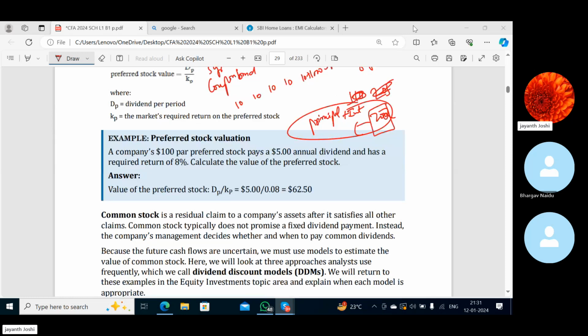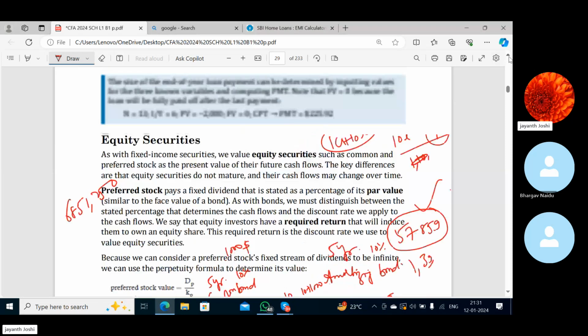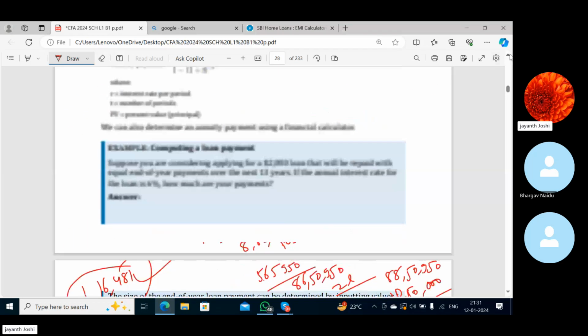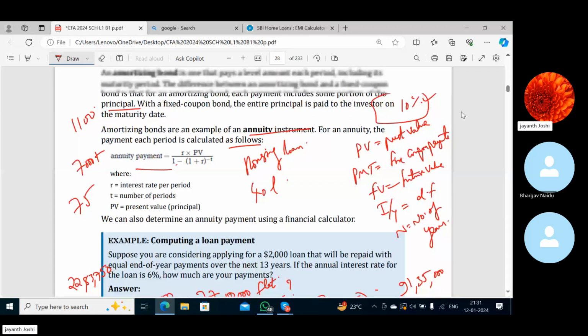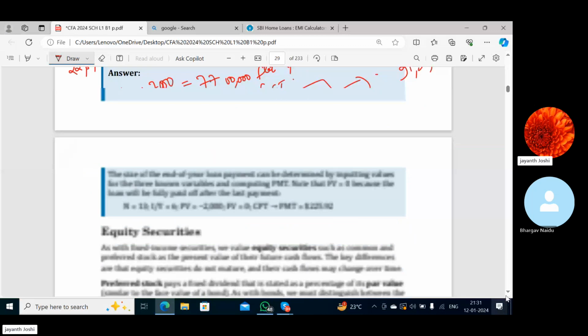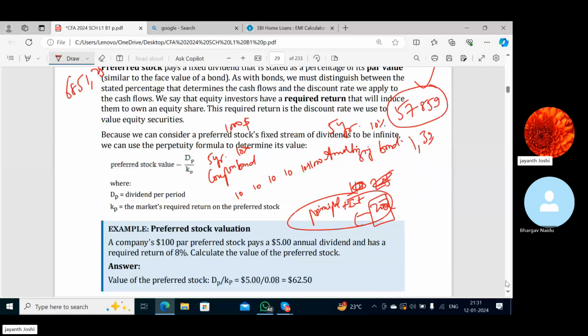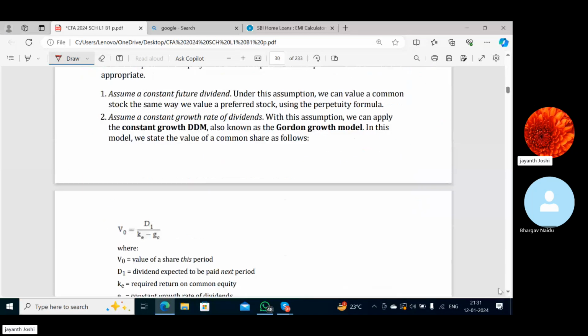Okay. So Bhargav, you understand the concept of annuity, right? So I will write the formulas for present value of annuity and future value of annuity. See, you know the discount factors which you have every year. Let's do a small example.